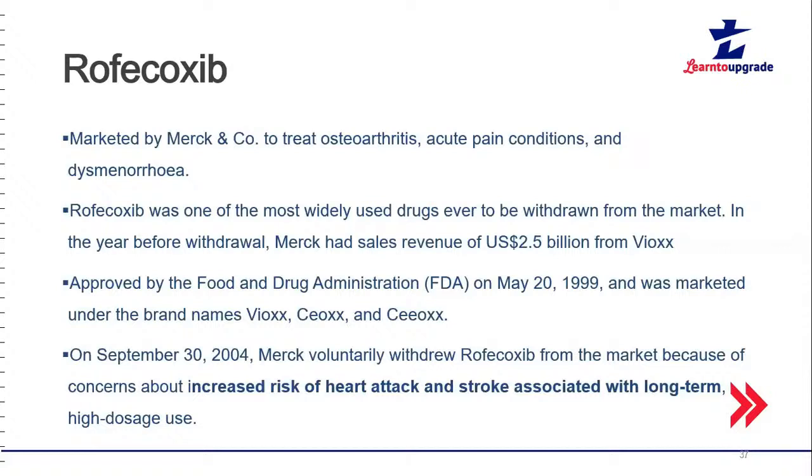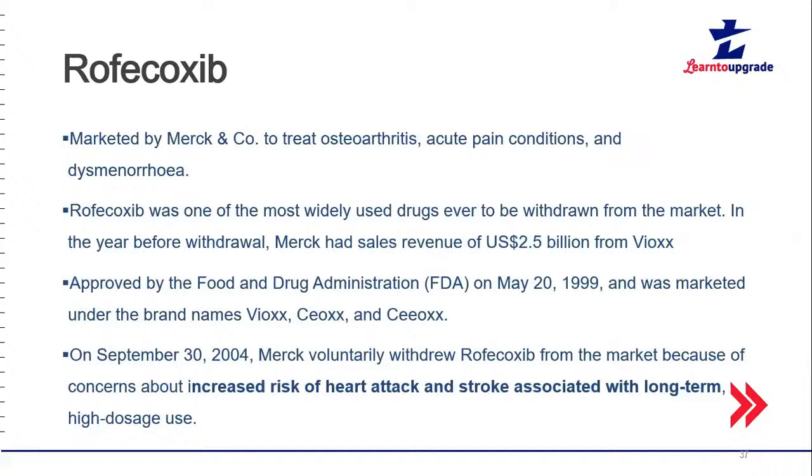You can say the sales revenue of the product was almost $2.5 billion. With the brand name Vioxx, it sold 2.5 billion in the 90s. You can see, in the 90s, not today. It also got approved with other brand names like Ceoxx, Ox, like that, in different countries.